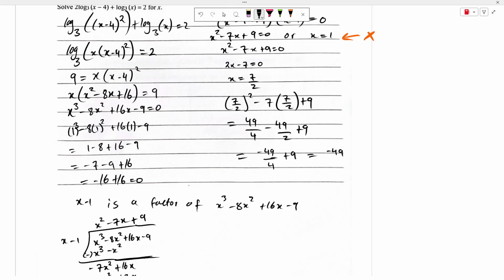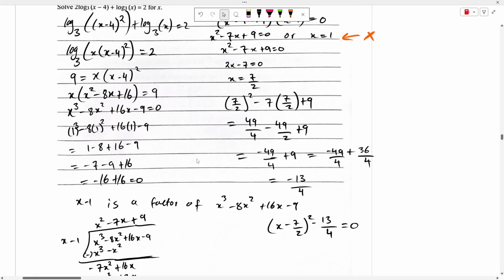That's going to be minus 49 over 4 plus 36 over 4. Right? That's going to be negative 13 over 4. So our quadratic can become x minus 7 over 2 squared minus 13 over 4.